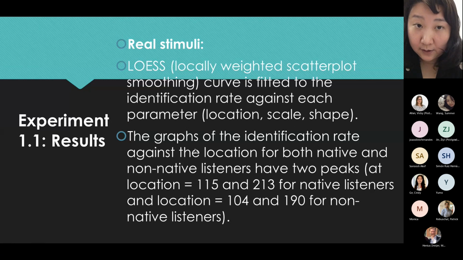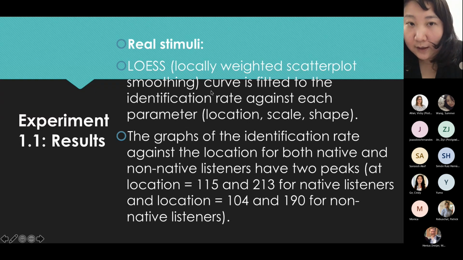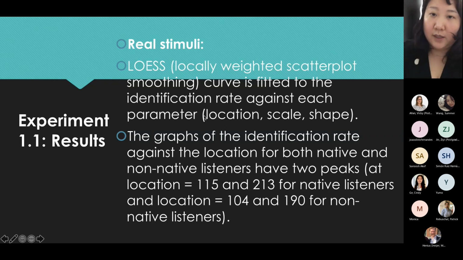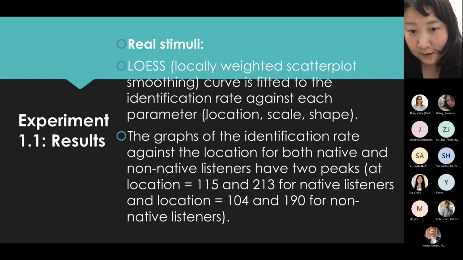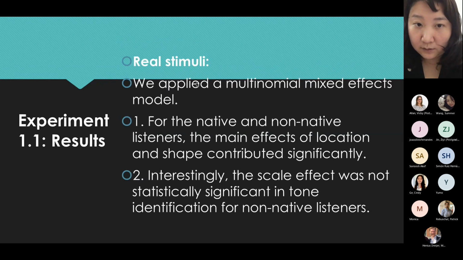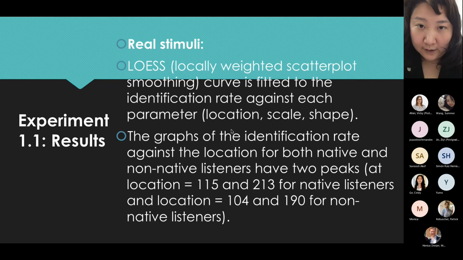And the next step is that we would like to fit a smoothing curve. So we have these locally weighted scatterplot smoothing curves. The reason that we would like to fit this curve is that, in addition to fitting the model to know that the three parameters are contributing to the identification, we're also interested in the identification curve, essentially.